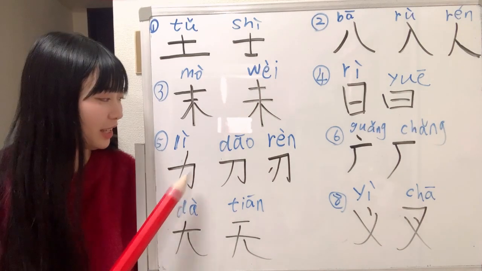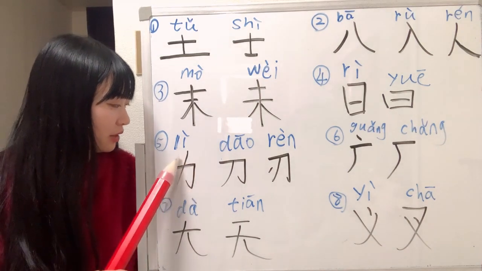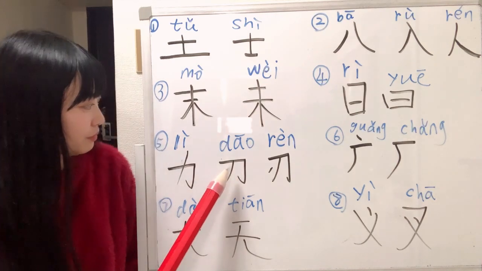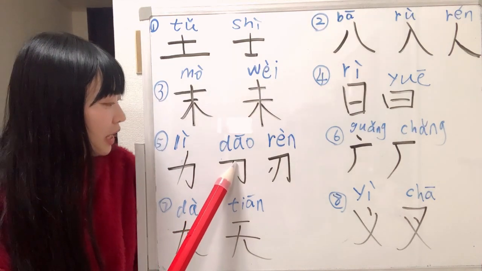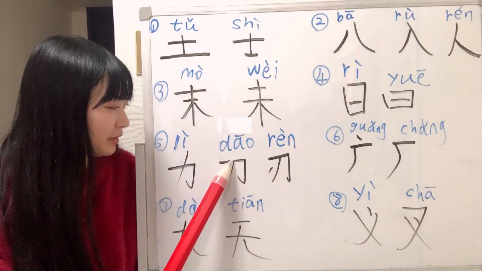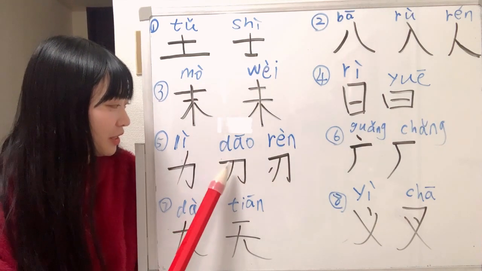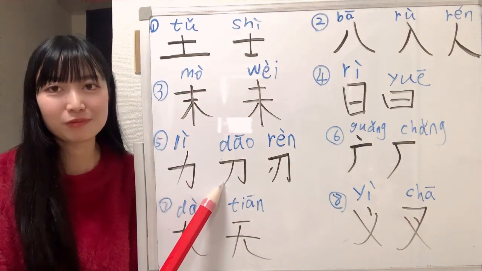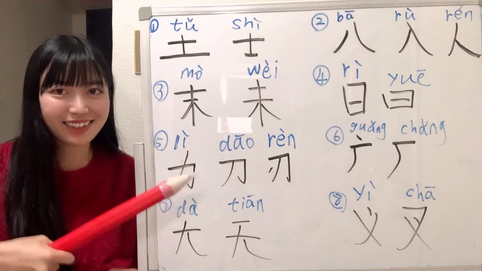If the left falling stroke is attached, not out of this line, it means 刀. 刀 means the knife, to cut something.